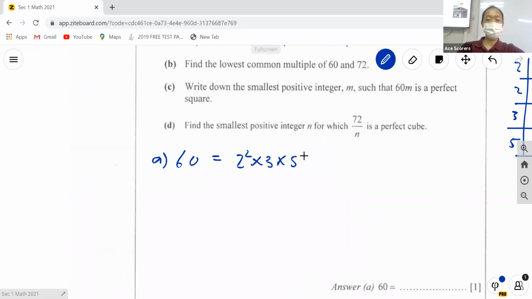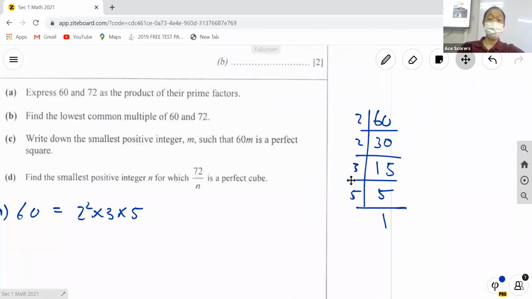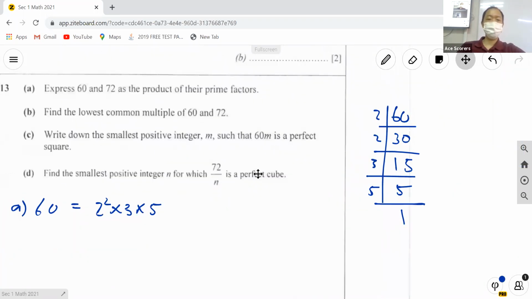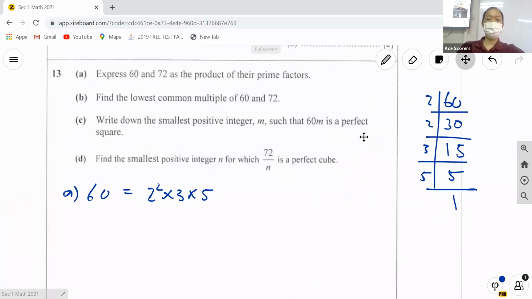Of course you can use your calculator. You don't have to write out everything like that. Usually what I do is I just use a calculator and the numbers come out. So I take 72 divided by 2 equals 36. Then 36 divided by 2 is 18. 18 divided by 2 is 9.